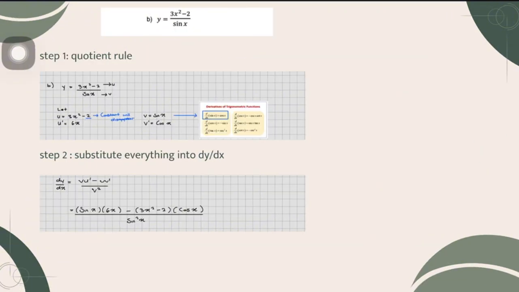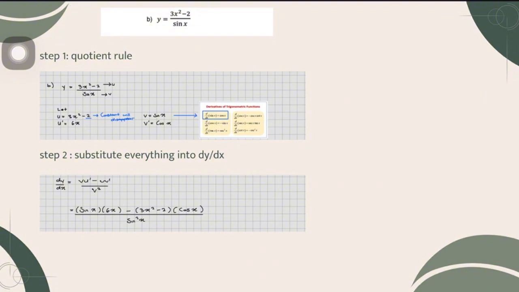Second, for part B, y equals (3x power of 2 minus 2) over sin x. We will use the quotient rule. As you can see, 3x power of 2 minus 2 will be u, and sin x will be v.